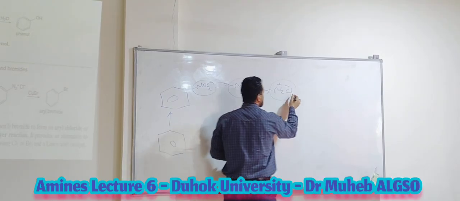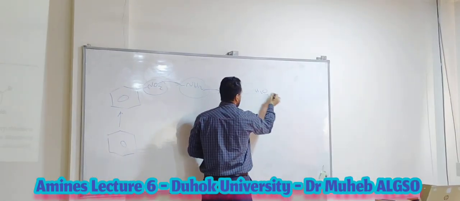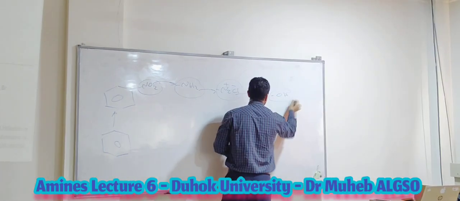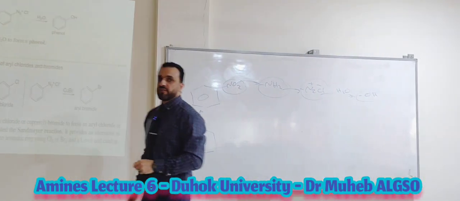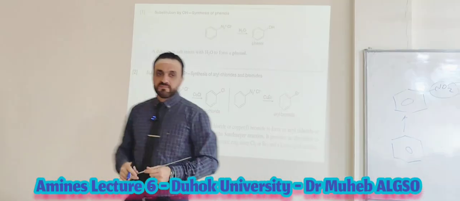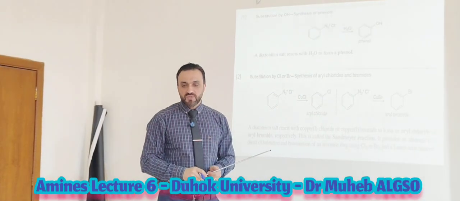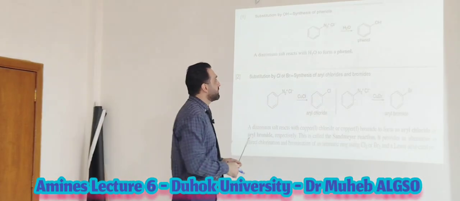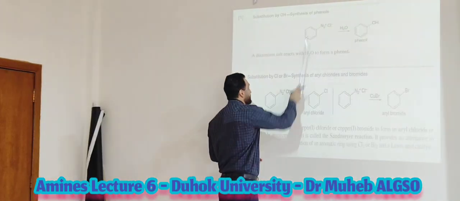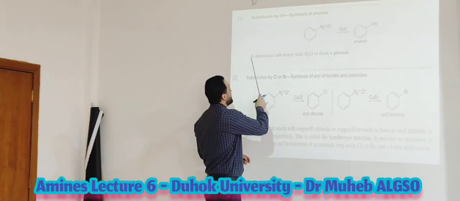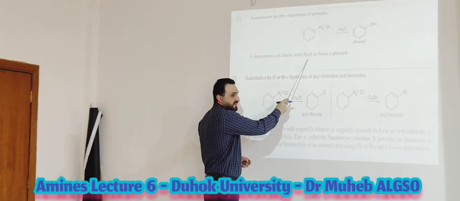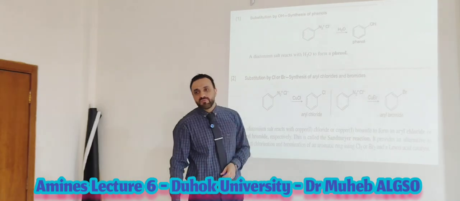And the N2Cl, just with water, gives you phenol. By this way we can produce the hydroxyl group, by using diazonium salt. So directly, diazonium salt reacts with water to form phenol.